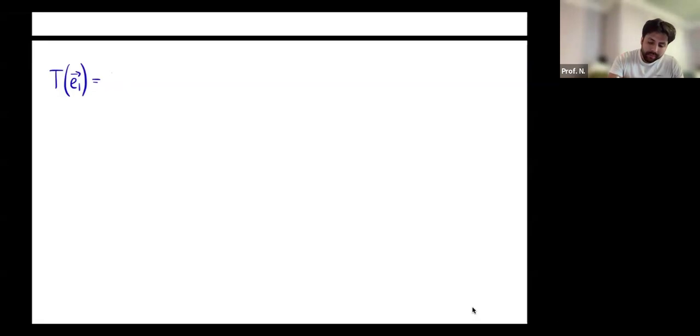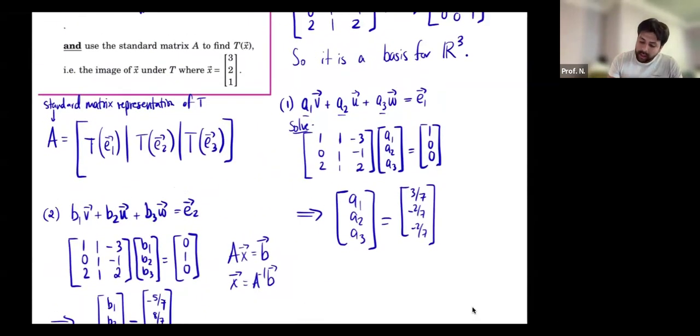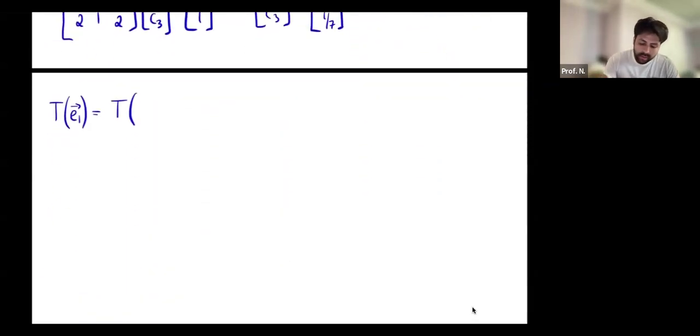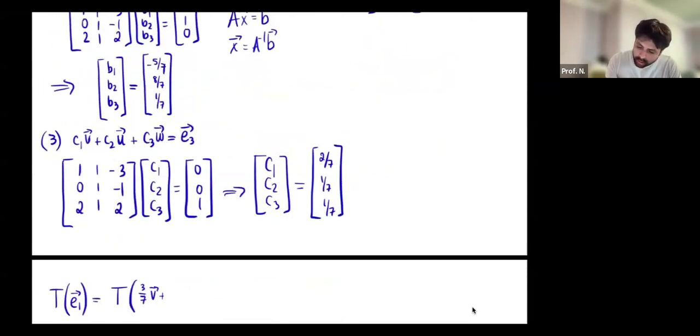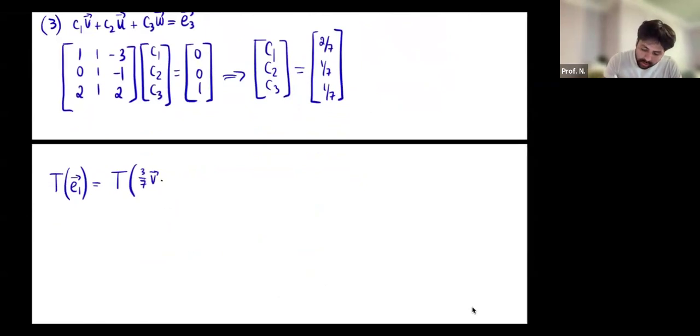I now figured out the correct coefficients to represent E1 as a linear combination of V, U, and W are these coefficients. So I can write it as the following. I know that 3/7 of V minus 2/7 of U minus 2/7 of W. That's precisely E1.